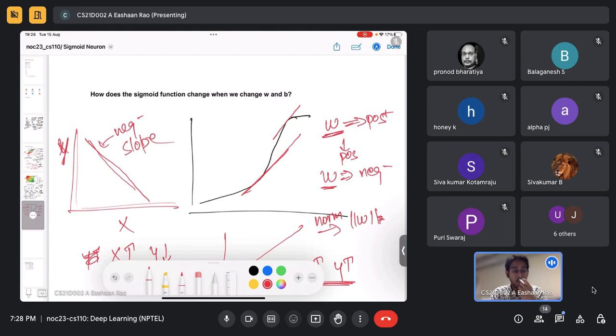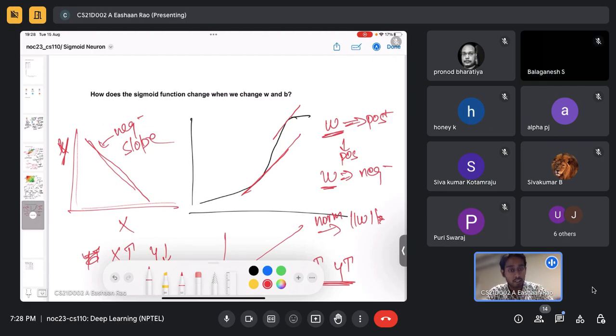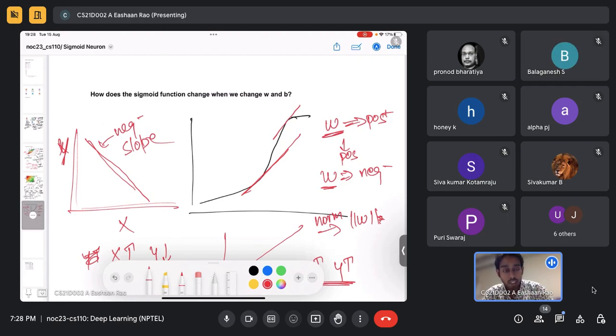That is a scalar value which defines the vector's quantity, because a vector has both direction and quantity. But if the line is like this, the slope will be negative. This is with respect to w.